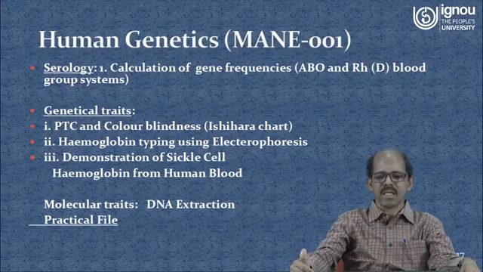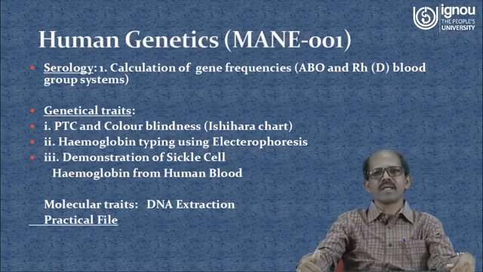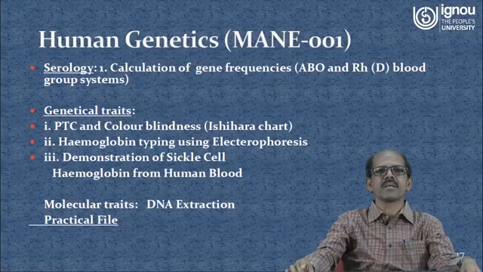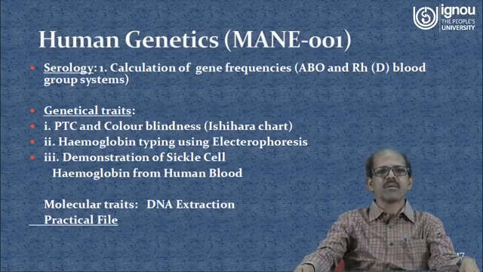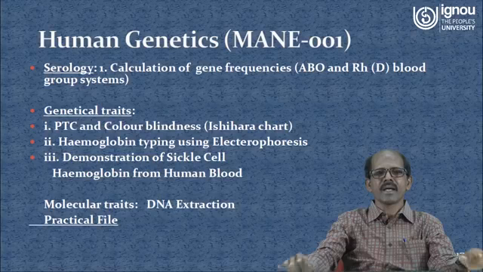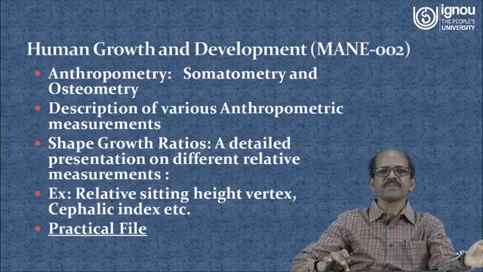Sickle cell hemoglobin is prevalent in African populations. So we have included a chapter on how to demonstrate the sickle cell hemoglobin from human blood. And lastly, there is one small chapter on molecular traits, where we have provided a clear understanding of the extraction of DNA from human blood.